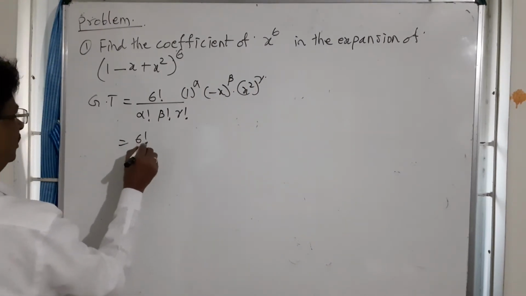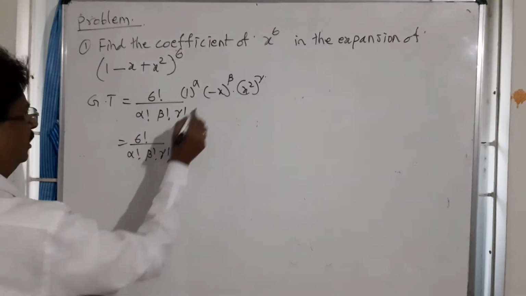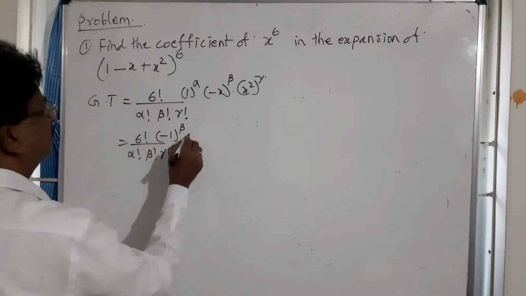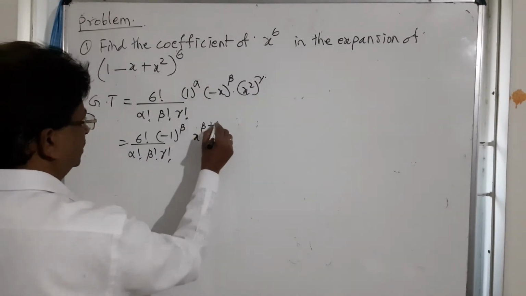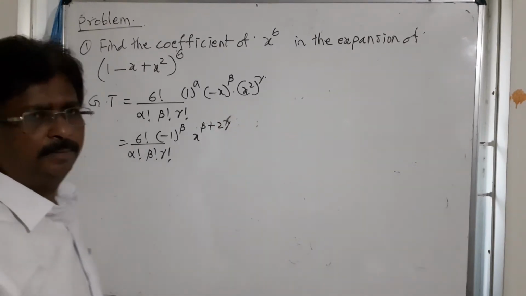Here minus 1 whole to the power of beta, and x power beta plus 2 gamma.